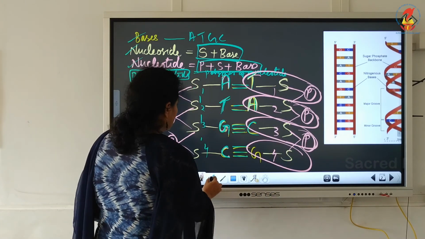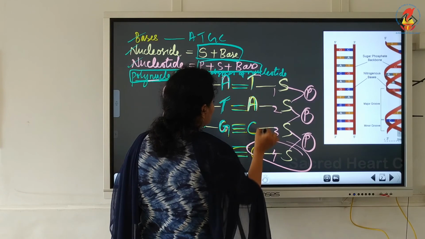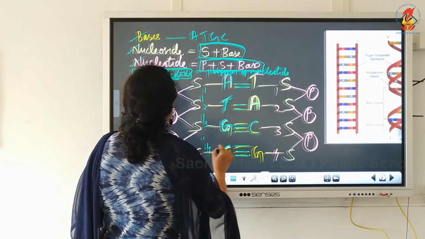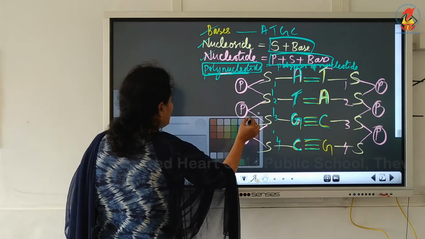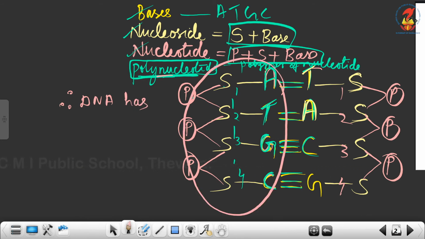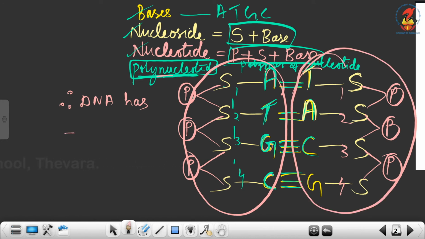So a DNA, if you analyze, how many polynucleotide chains does it have? This is one polynucleotide chain and this is the second polynucleotide chain. So it has two polynucleotide chains.